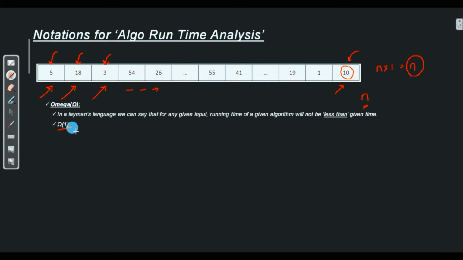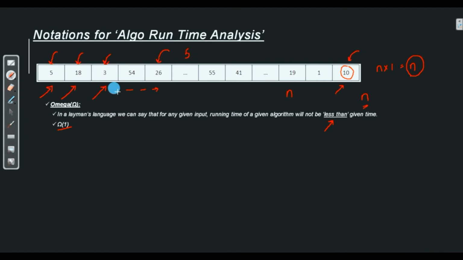Why omega of 1? Because omega always guarantees that the running time of an algorithm will not be less than the given time. That is, a minimum of this much time will always be taken by the algorithm to search for a number. Now in this case we took n time. In the other case, let's say if we want to find number 26, that will take 5 units of time.